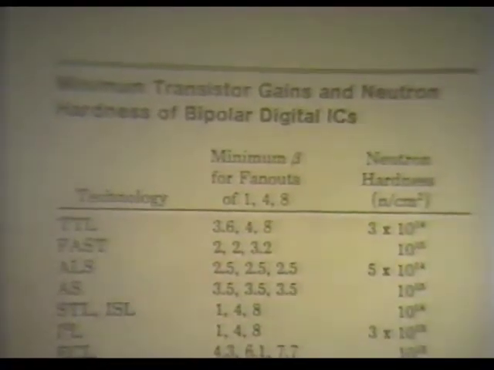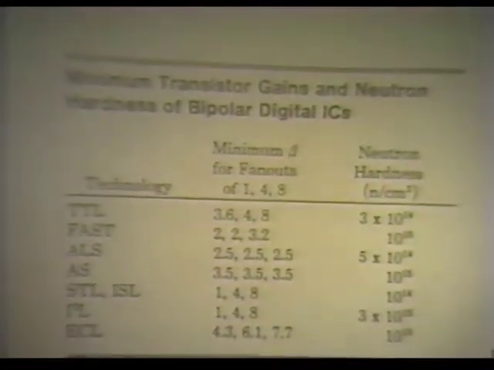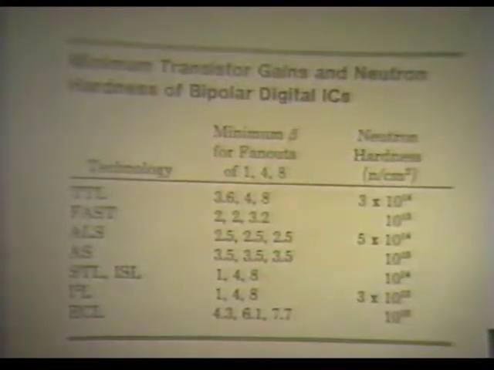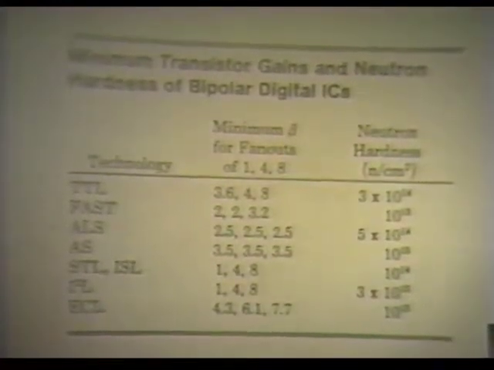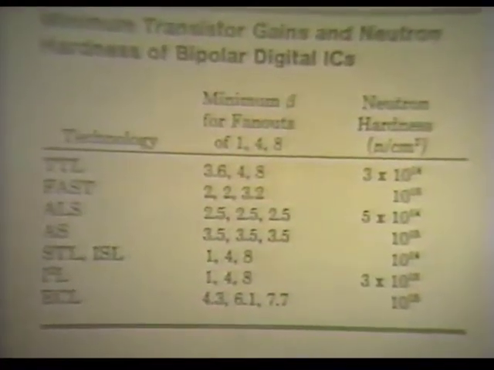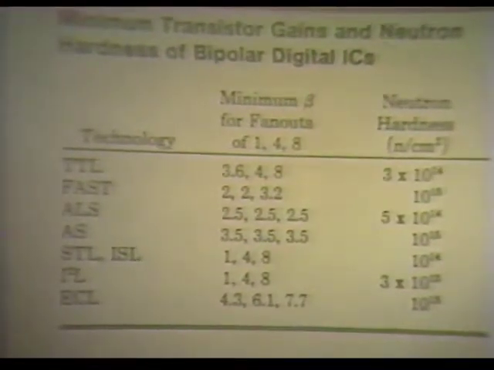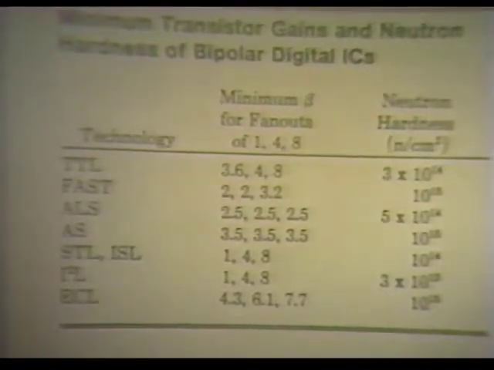These are all bipolar. Bipolars are affected by neutrons because the device behavior is controlled in the bulk silicon, and silicon is what the neutrons are affecting. Now CMOS, the critical part of the behavior there, takes place in the oxide above the gate. Gammas affect that, and we're going to talk about that in just a minute. But here are some of your bipolar devices, and the different levels at which they are affected.